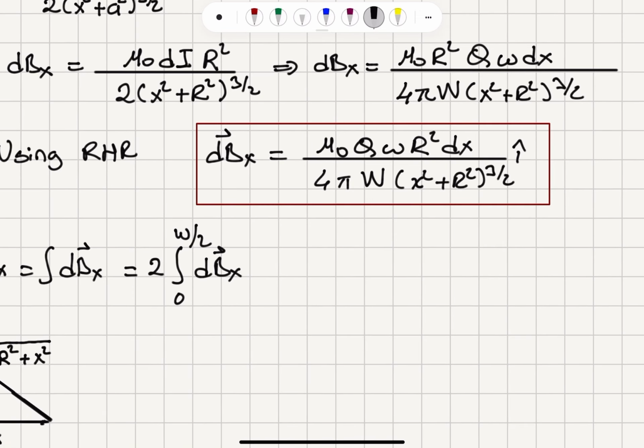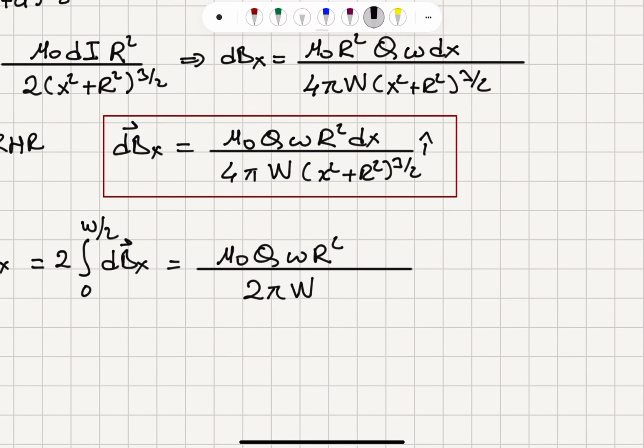And that is equal to mu 0 Q omega R squared divided by 2 pi W. Because of this 2 here, this 4 will cancel.